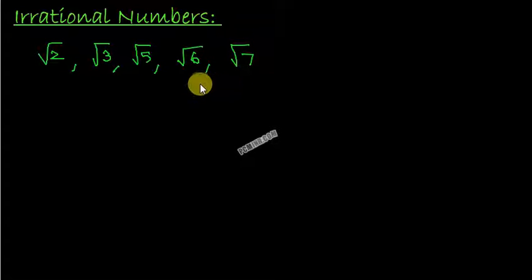I am leaving out square root 4 and 9 here because they are perfect squares. So infinitely you will have many square roots which will not be perfect squares. So they all fall under the category of irrational numbers.